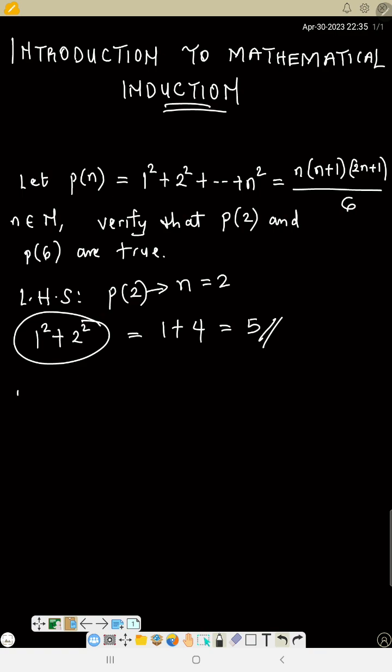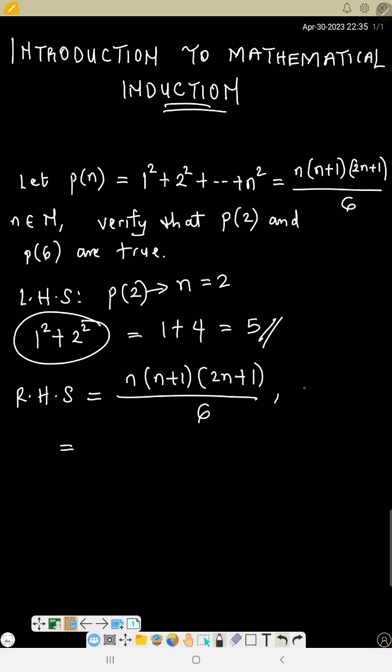Now let's see the right hand side, that is n times (n plus 1) times (2n plus 1) divided by 6. When n is 2, remember we want to do P2. We are testing if P2 is right, meaning n is 2.